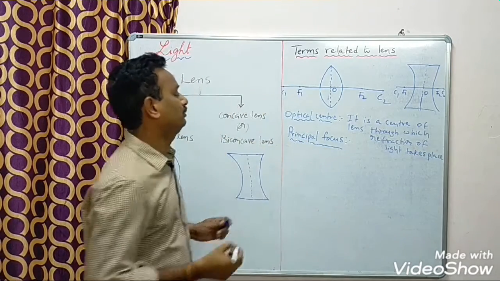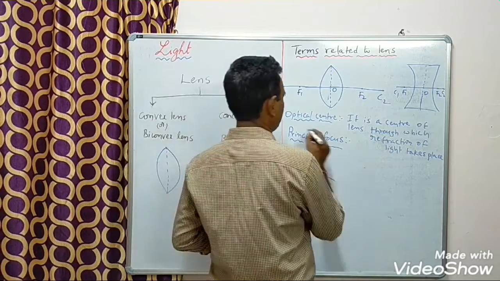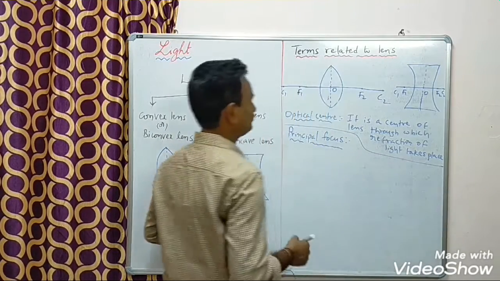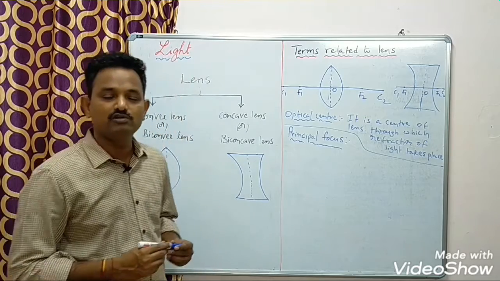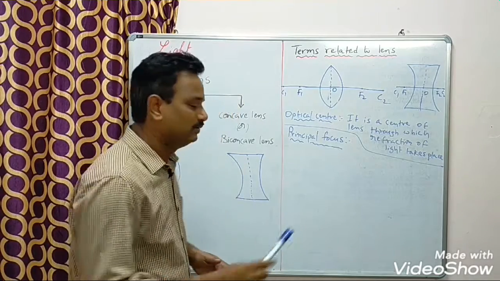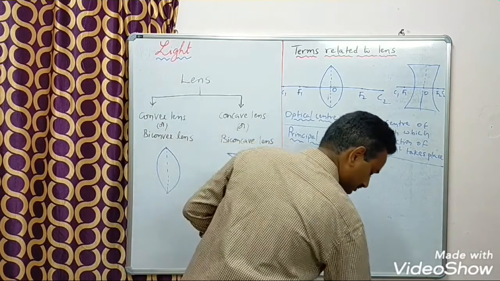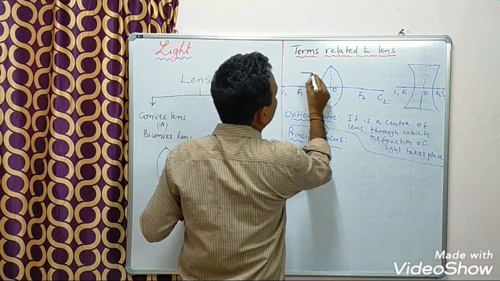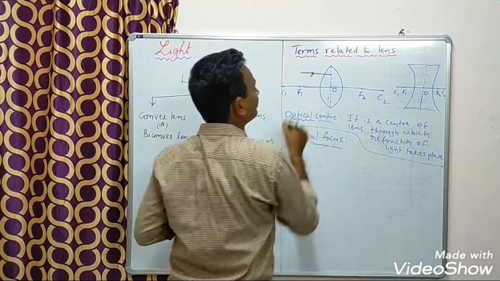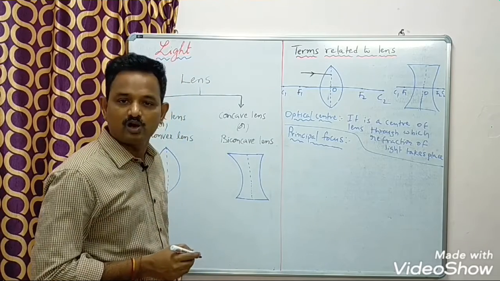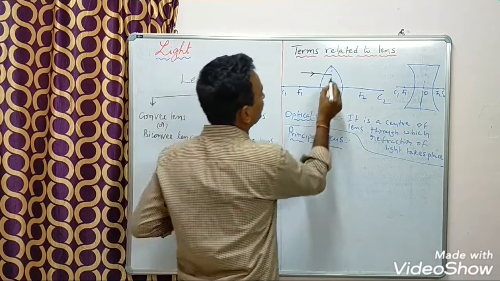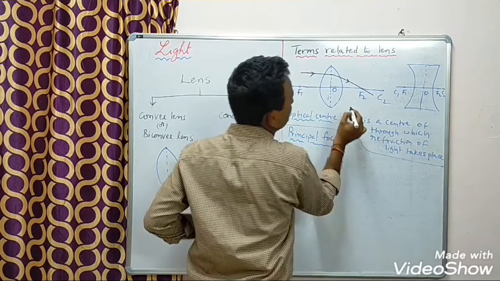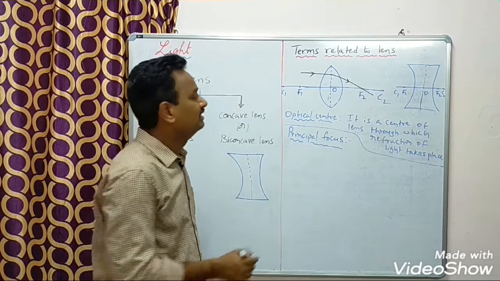Okay. Then what about principal focus? How we will find principal focus here? Look at here. See, a light ray is passing parallel to the principal axis of a convex lens. After refraction, it will converge at a point on the principal axis.